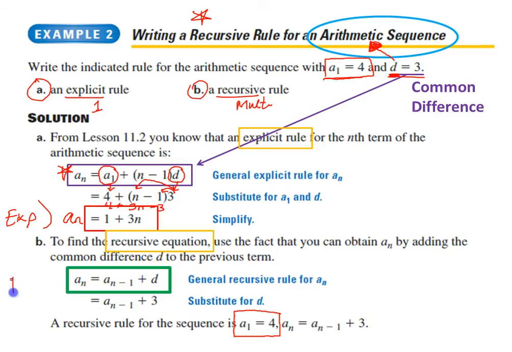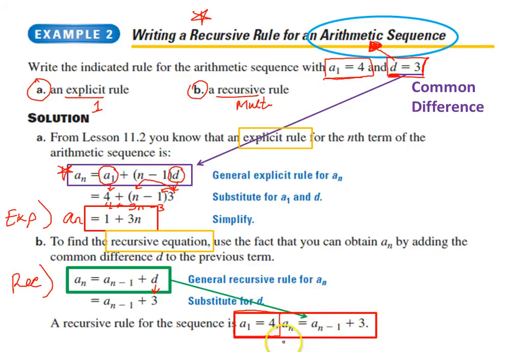This is going to be your recursive rule when you have arithmetic. And all you have to do to find your recursive rule is to plug in that d. And we knew from up top that d is 3. So a sub n is a sub n minus 1 plus 3.